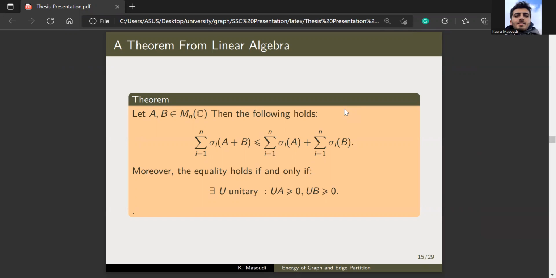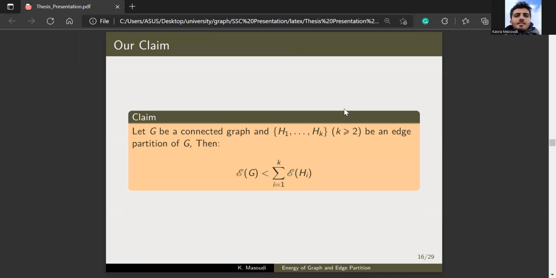Then the following holds: the summation of singular values of A plus B is less than or equal to the summation of singular values of A plus the summation of singular values of B. And moreover, the equality holds if and only if there exists a unitary matrix U such that both UA and UB are positive semi-definite matrices.